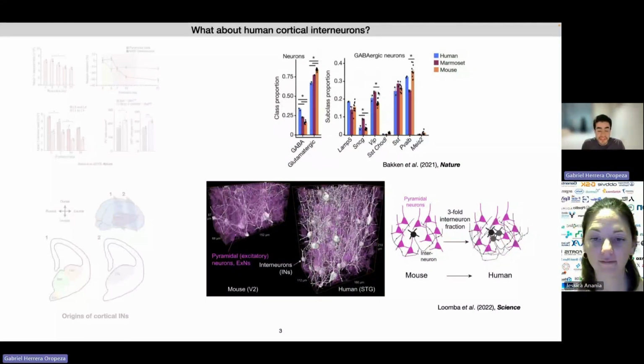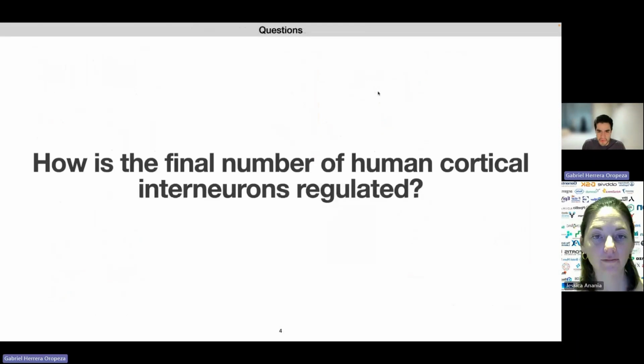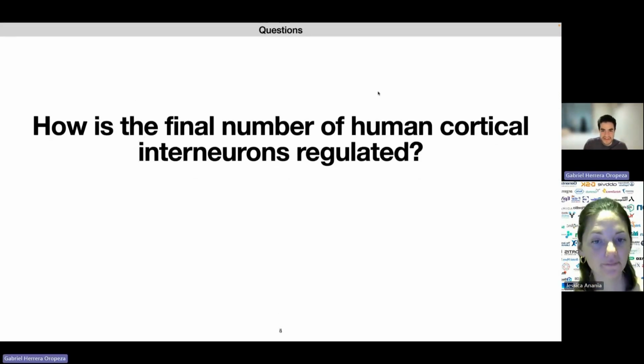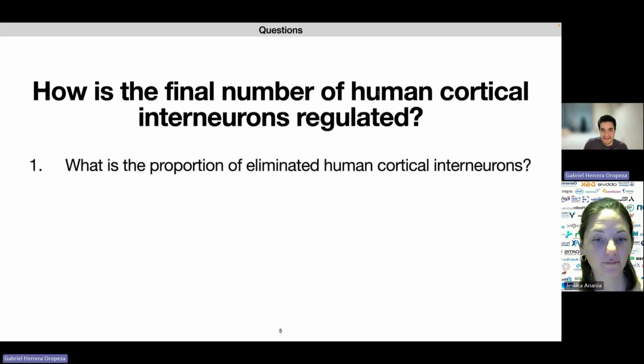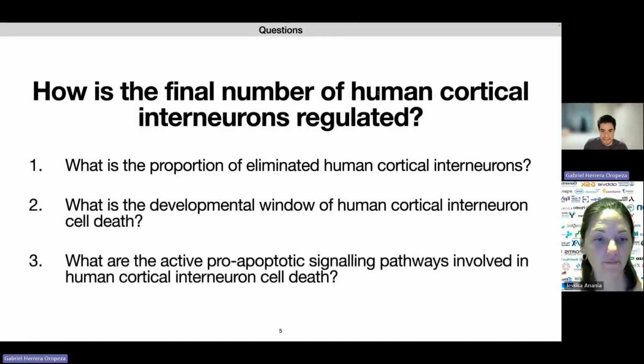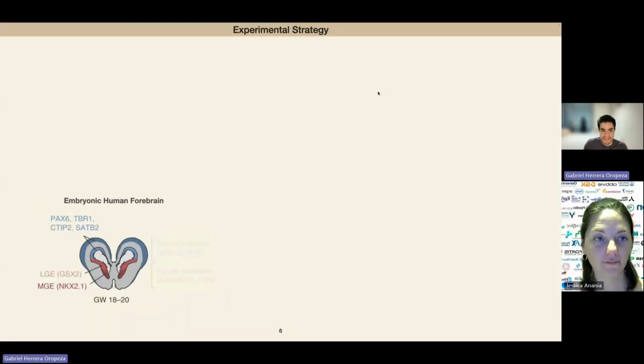Also, we don't see more inhibition in humans, although there's proportionally more interneurons. So what is happening here? This is what I'm trying to answer with my question: how is the final number of human cortical interneurons regulated? So let me go to the next slide.